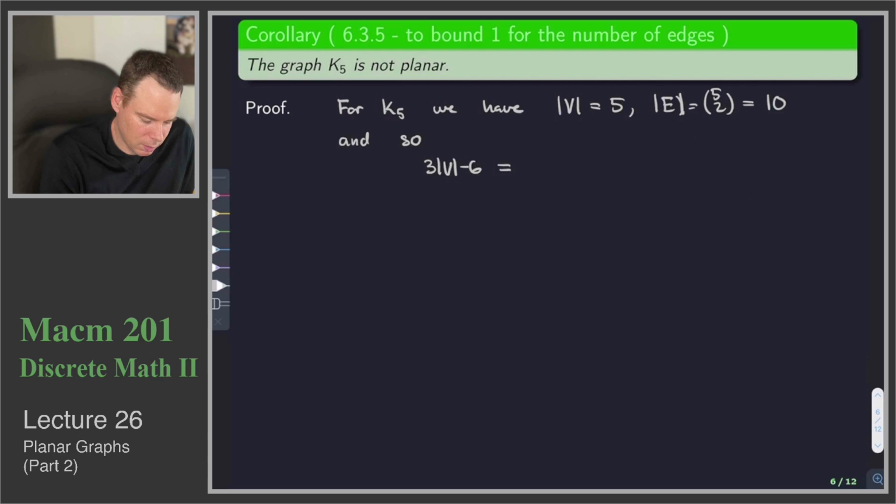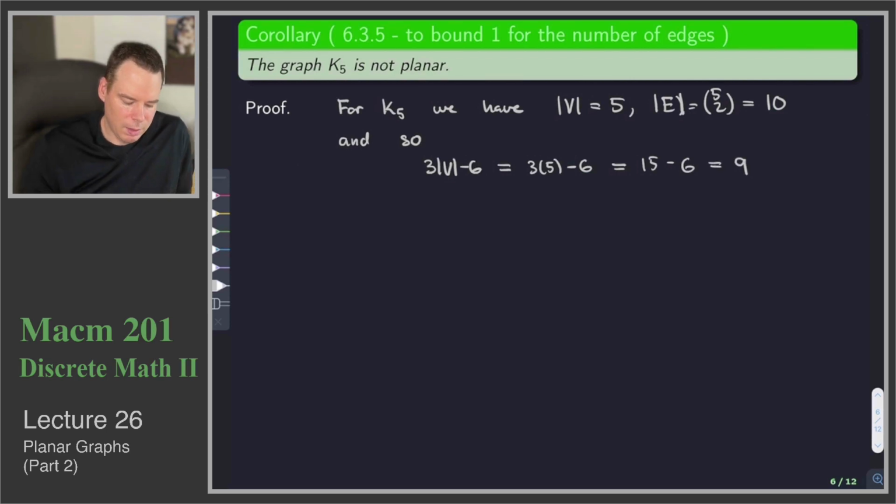Well, that would be 3 times 5 minus 6, or 15 minus 6, or 9. So this is the most number of edges we can have on a graph with 5 vertices so that the graph is still possibly planar. We just have one too many. We've got 10 edges, so there's no way this can be a planar graph. So this is smaller than the size of our edge set.